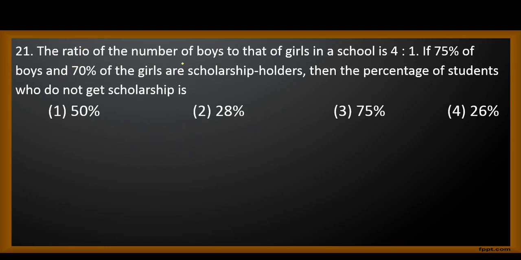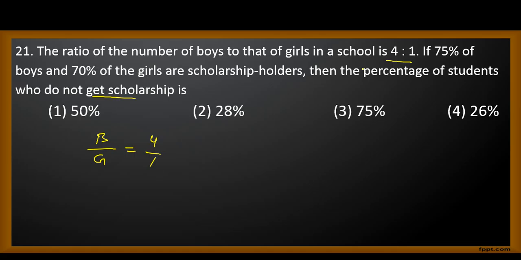The ratio of the number of boys to that of girls in a school is 4:1. If 75% of the boys and 70% of the girls are scholarship holders, then the percentage of students who do not get a scholarship is. Now the ratio of boys and girls, B by G, is 4 by 1.